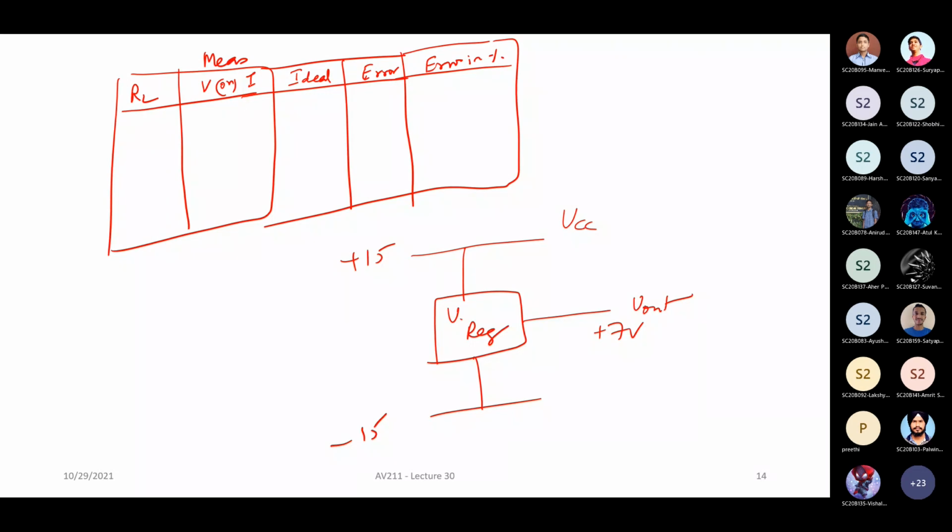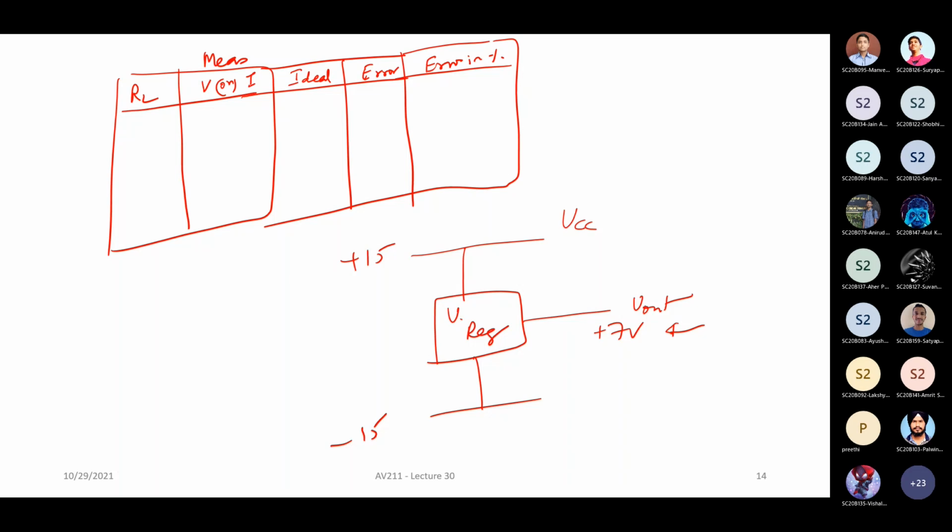So in that case, this output voltage you're designing will also change. This is typically the case in any battery operated system, even in your cell phones. When your battery is full, it has some voltage, but as your battery starts discharging, its value will keep coming down, right? And not only that, sometimes when you turn on some heavy load and current is drawn, due to the internal resistance of your battery, the voltage will drop, correct?